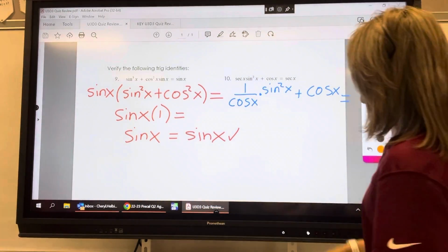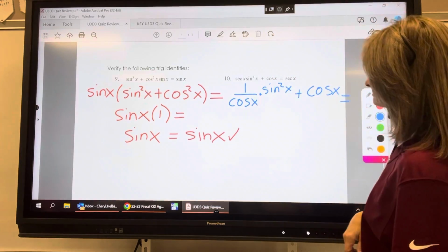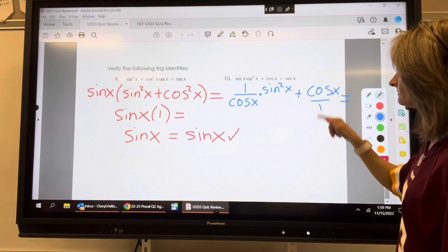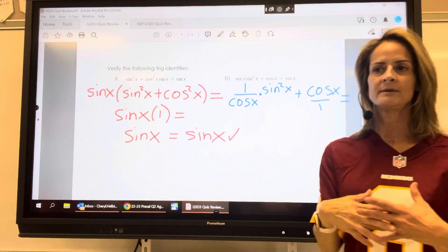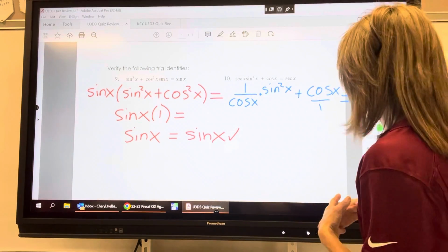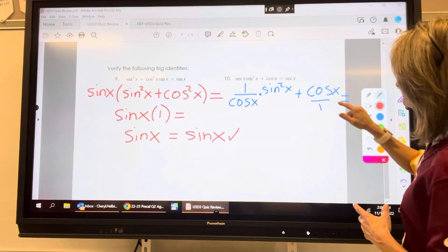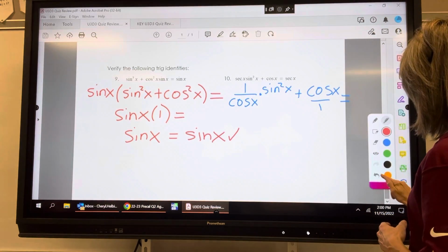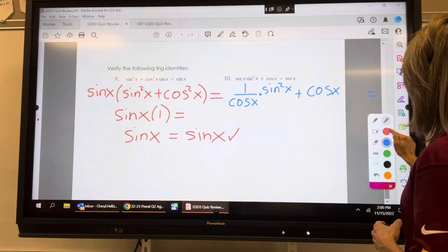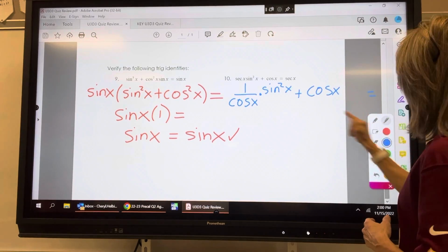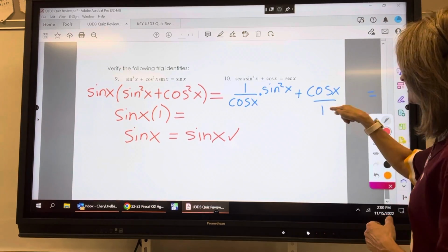All right, so this is sine squared over cosine. This is cosine over 1. I can't add those 2 fractions together until the denominators are the same. So I'm going to make this denominator a cosine.